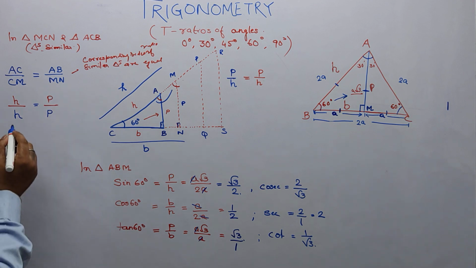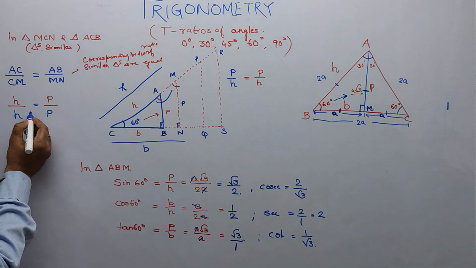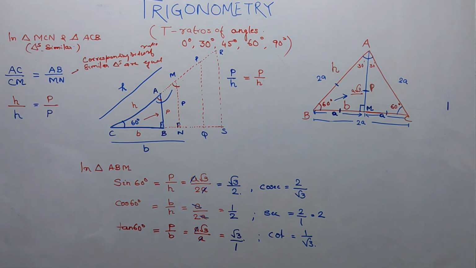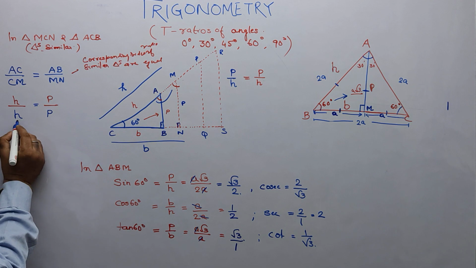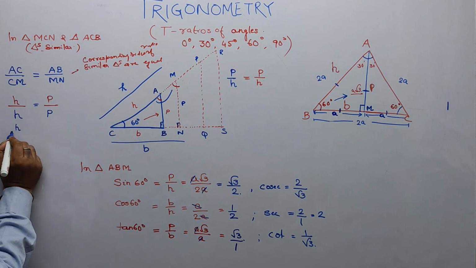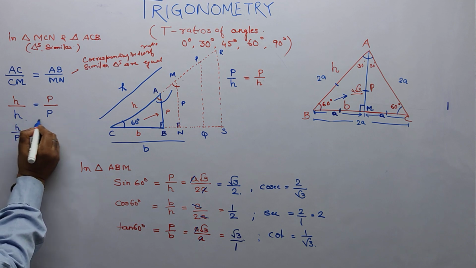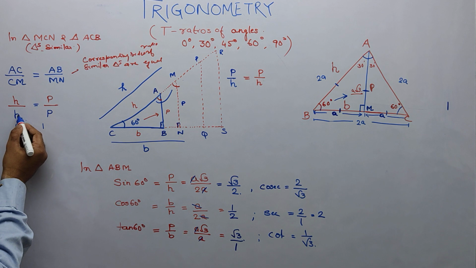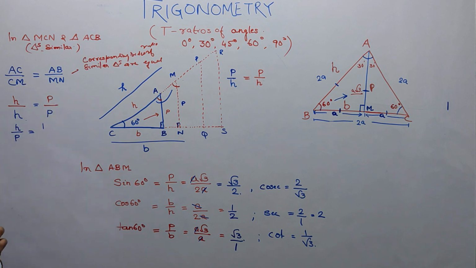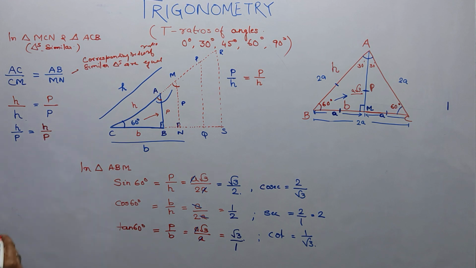Now see, if you cross multiply, what will happen here? We can write this as H by P equals H by P, red ink H by P and blue H by P.